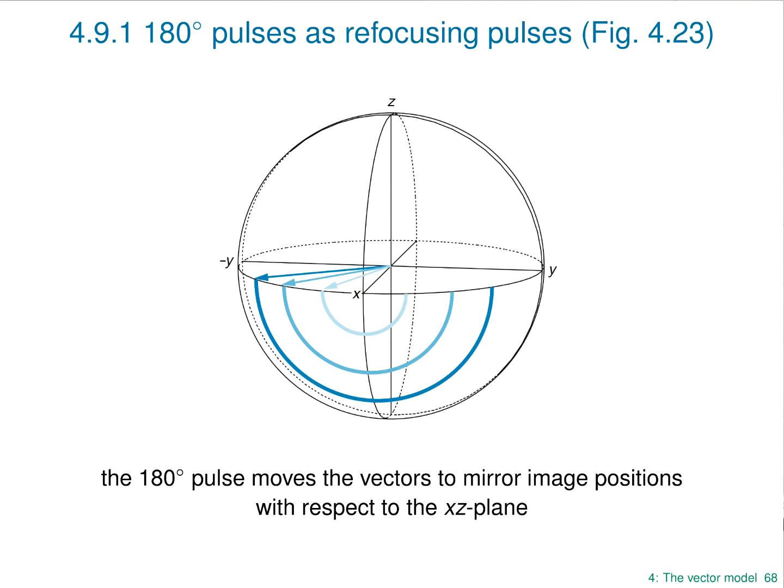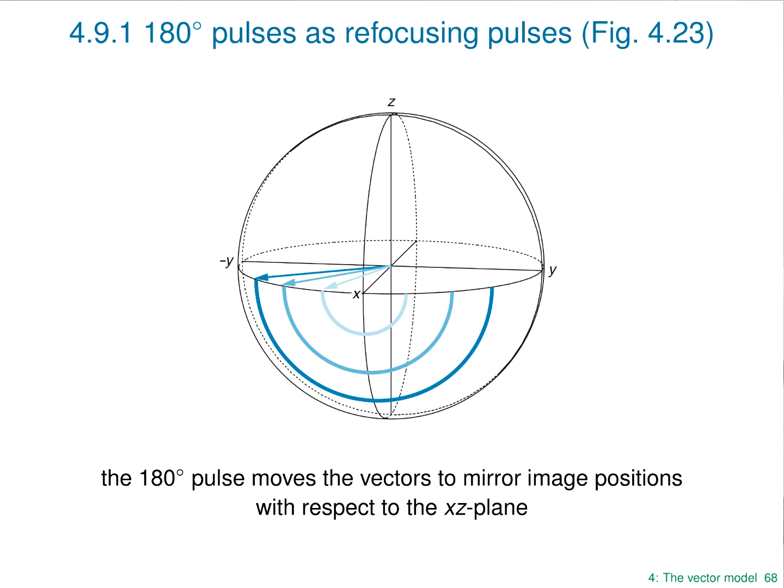And the dark blue line is what happens to the tip of that vector during the 180-degree pulse. And you'll see what it does is it takes it on a path and it brings it back to the XY plane. Now if you look at the pale blue vector, the same thing happens. And the even paler blue vector, the same thing happens again.